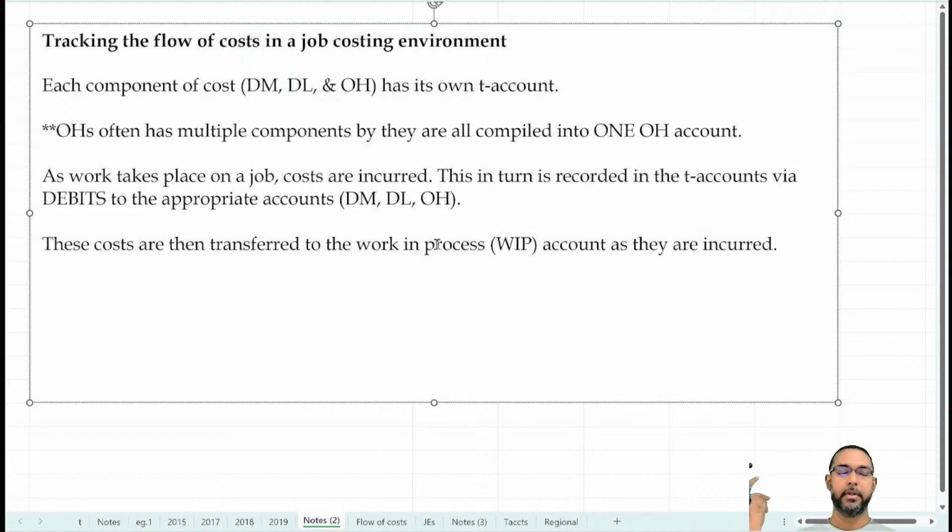And then when those costs are applied to jobs, specific units of output, i.e. jobs, you'll debit work in process.